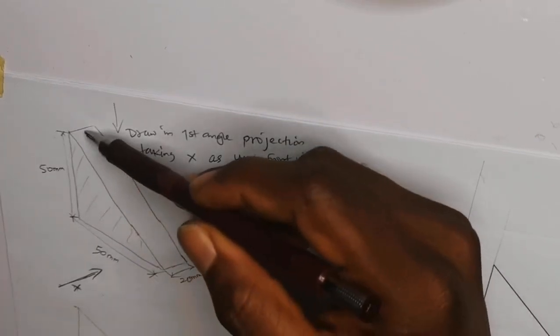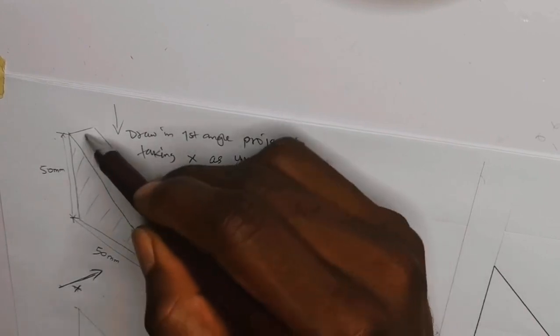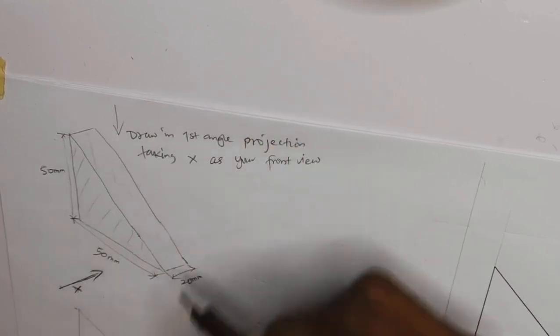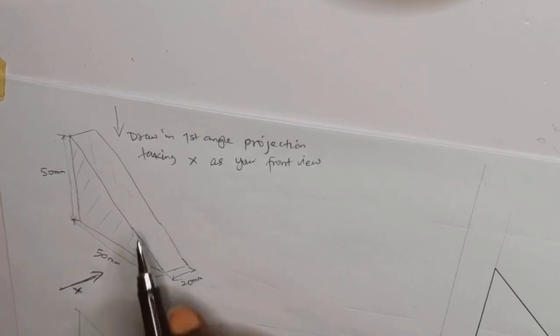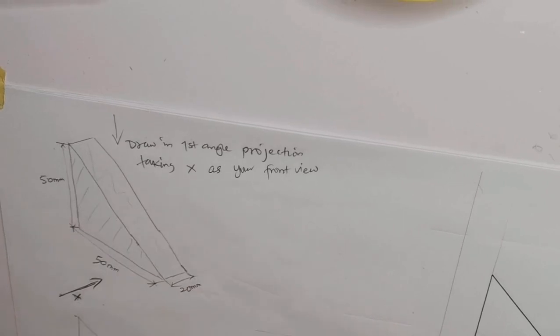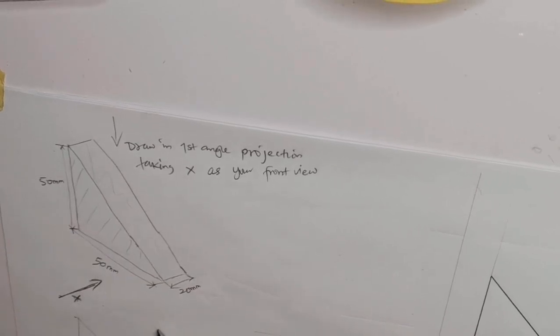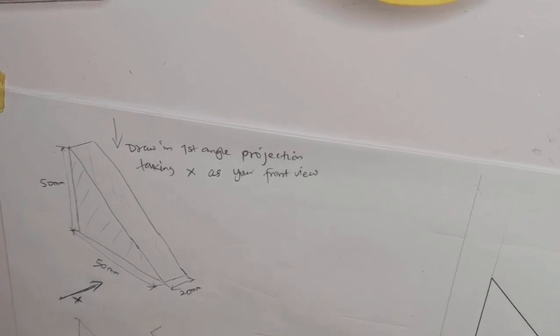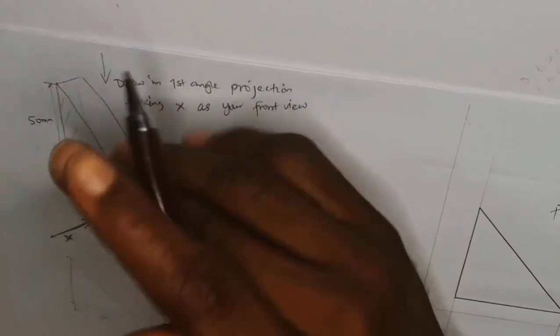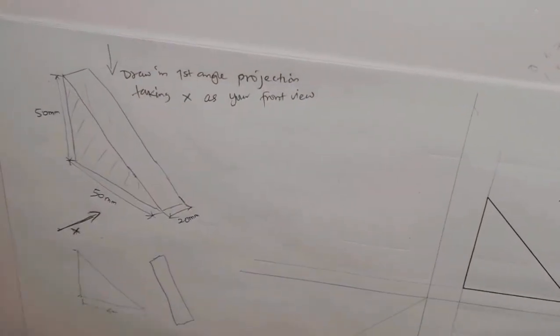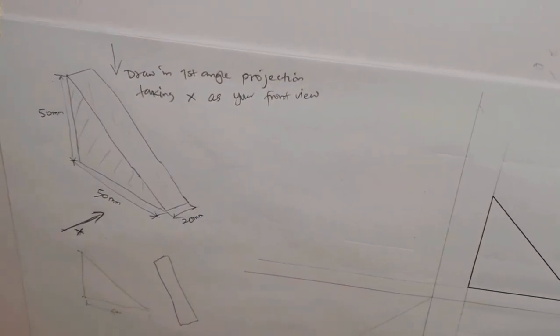The many mistakes people make is drawing a web. If you want to draw the plan view of this, you might draw it like this. No, once you're looking directly on top of it, it becomes flat.